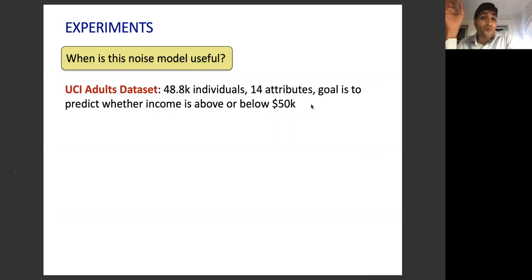Each of them has 14 possible attributes, things like their marital status, their education level, their ethnicity, their gender. Each of these people is just a 14-dimensional vector. And your goal is to predict whether their yearly income is above or below 50K.